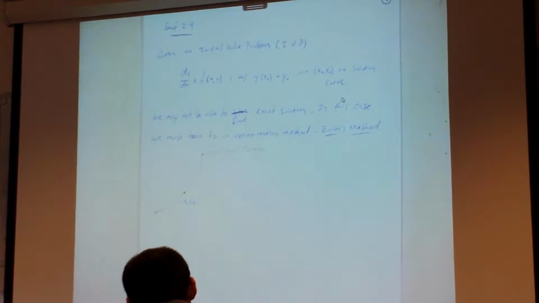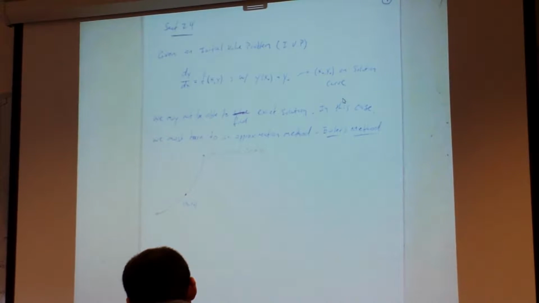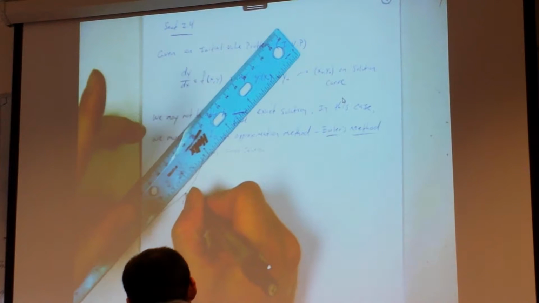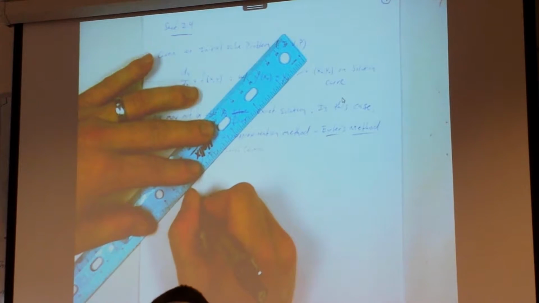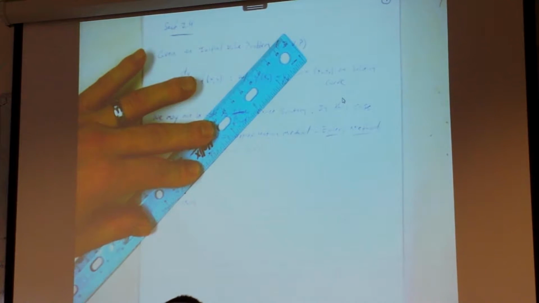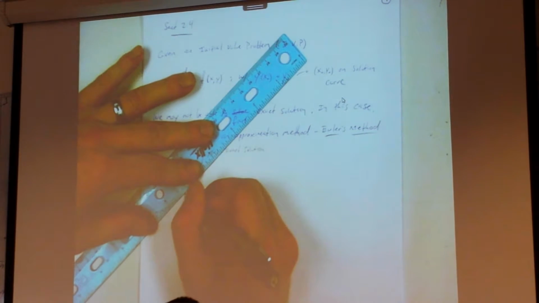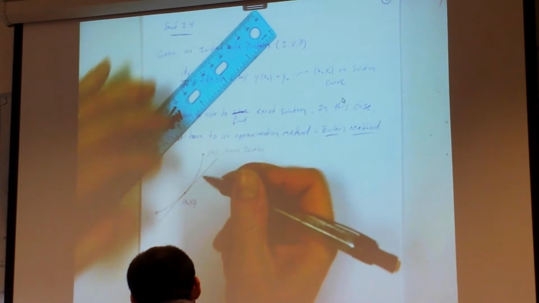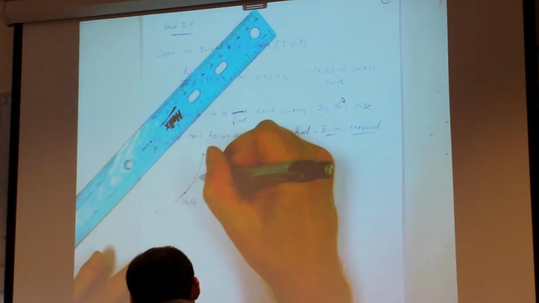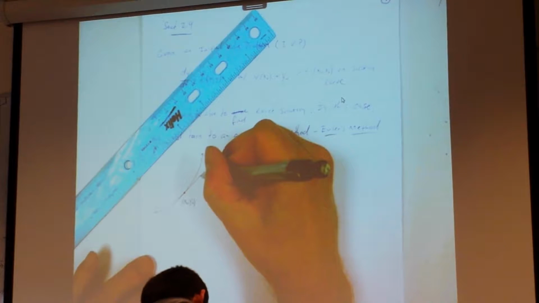So the idea behind Euler's method is that, okay, if I know a single point that is on the exact solution curve, I can calculate the tangent line, or the slope of the tangent line at that point. Okay? The idea is I can follow the slope of that tangent line a certain distance. Say this is the point.